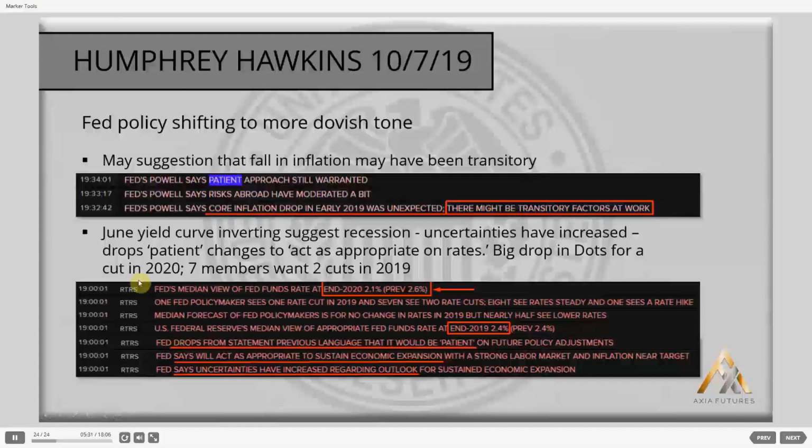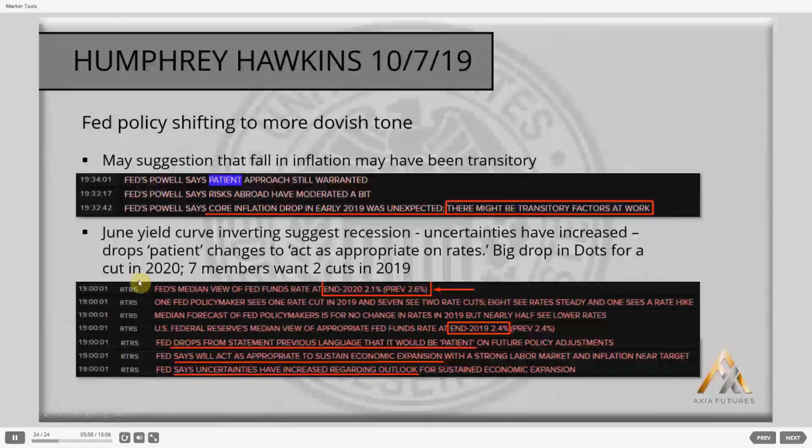So quite a significant change in the dots here. We've moved from a hike in 2020 to now a cut. We're looking for 2 cuts potentially in 2019. Although the dot doesn't reflect this, the number of members that had shifted towards this was suggesting that this was likely to be the next shift from the Fed, essentially indicating that a rate cut could well be coming.